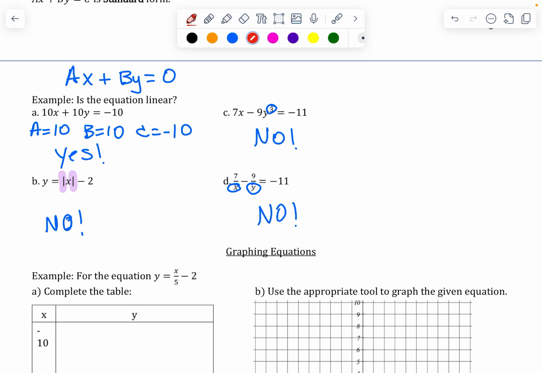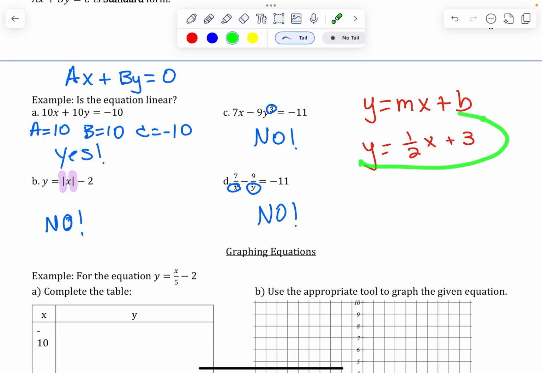Now, just to go over it, you could have a linear equation written in slope-intercept form, y equals mx plus b. That means your equation could look like this. This is different from standard form, so we are allowed to have fractions here, but we've got y to the first, x to the first.